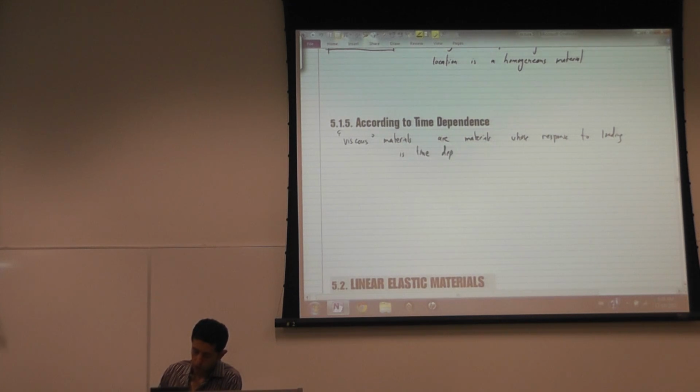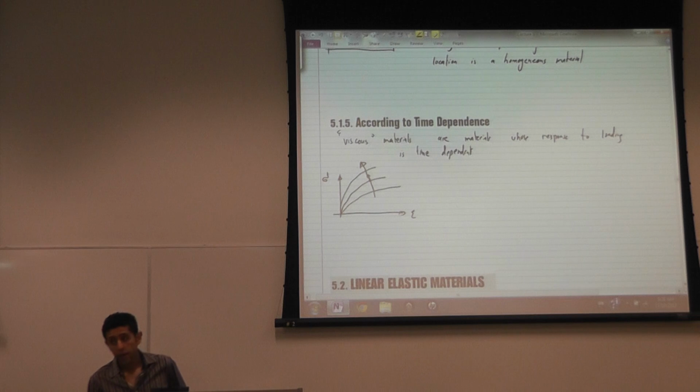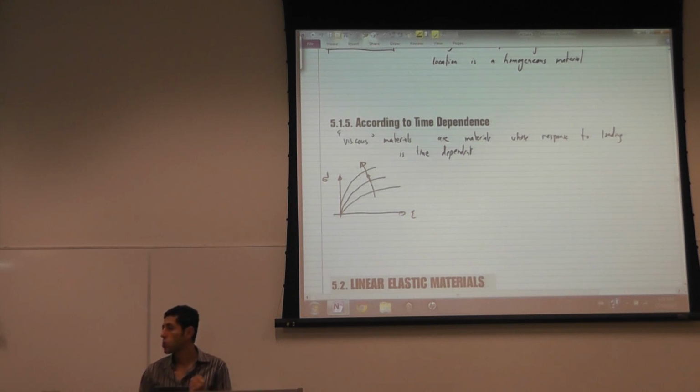Let's pause for a second here and see examples of things whose response is time dependent, or viscous. Any material, in fact, has a certain time dependence. If you load it at a certain rate, you get a certain response. If you load it at a faster rate, you can get a stiffer response. In fact, any material in the lab, if you load it faster and faster, you're going to get a stiffer and stiffer response, and this is called rate dependence.